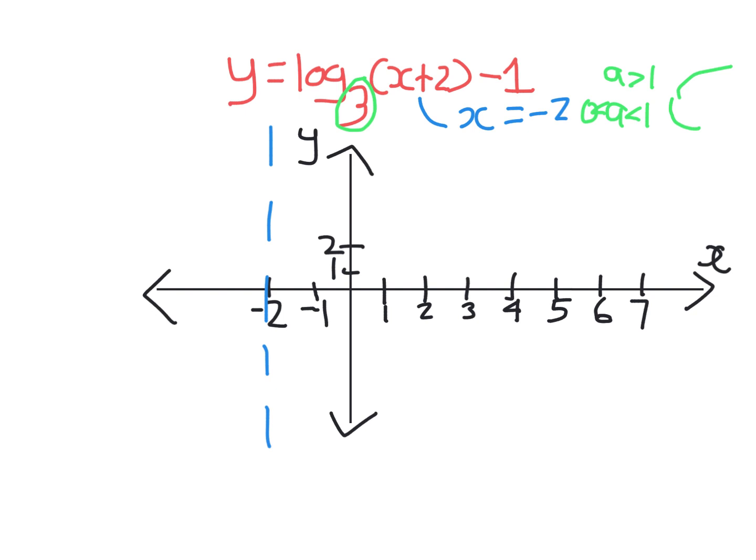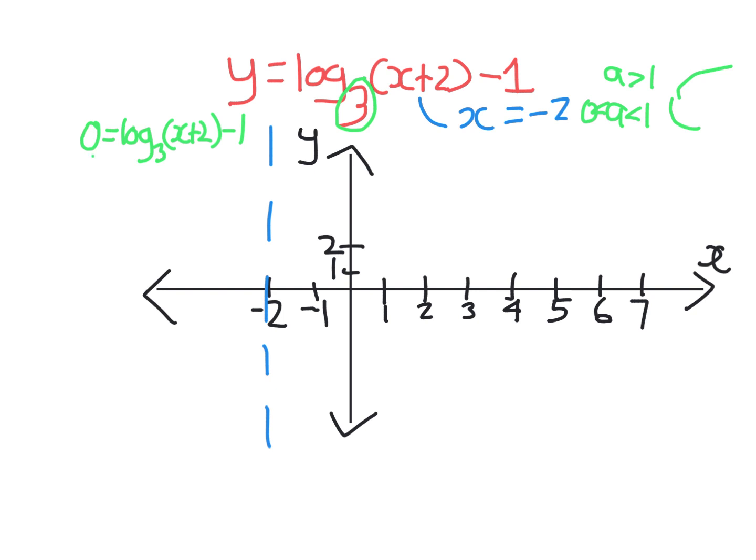Now, there will always be an x-intercept of a logarithmic graph. There won't always be a y-intercept, there'll always be an x-intercept. So let's just find the x-intercept for one of these points. The x-intercept always occurs when y equals 0. So I'll just change y to 0. All I've done is take this equation, y has been changed to 0.